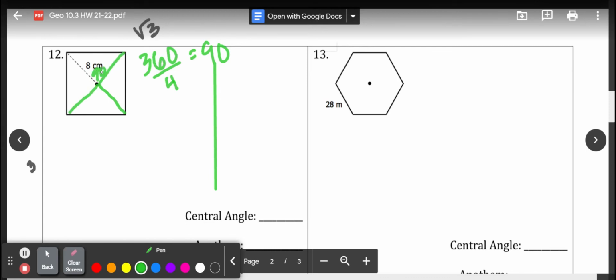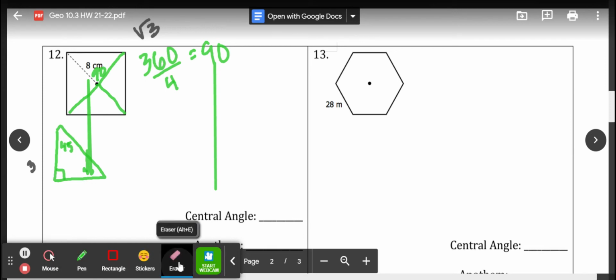So this is 90, but we're going to break it into a smaller triangle where this is going to break into 45, 45, which is very convenient for me.